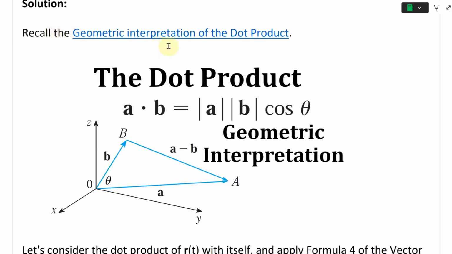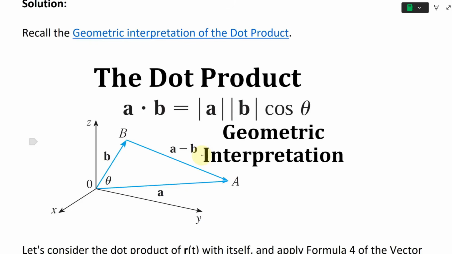First, recall the geometric interpretation of the dot product. Here is the dot product: a dot b is equal to the length of a times the length of b times cosine theta.